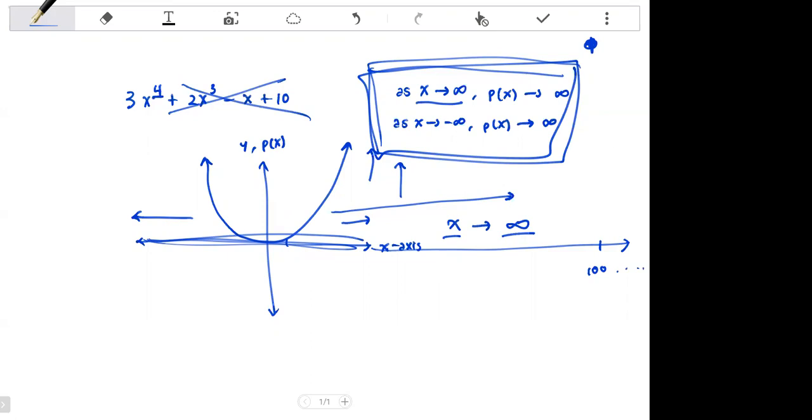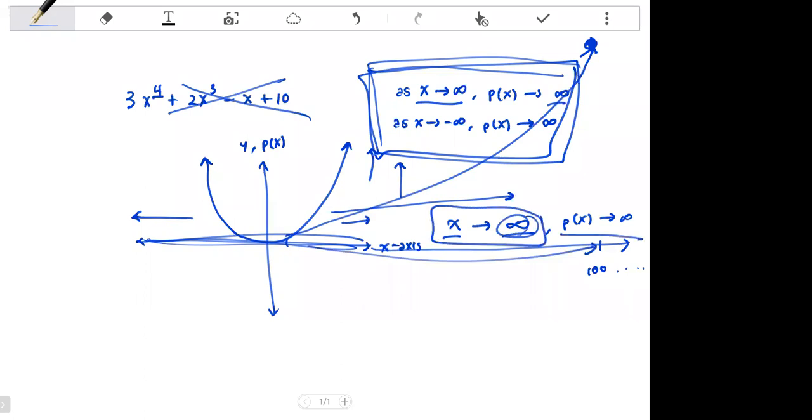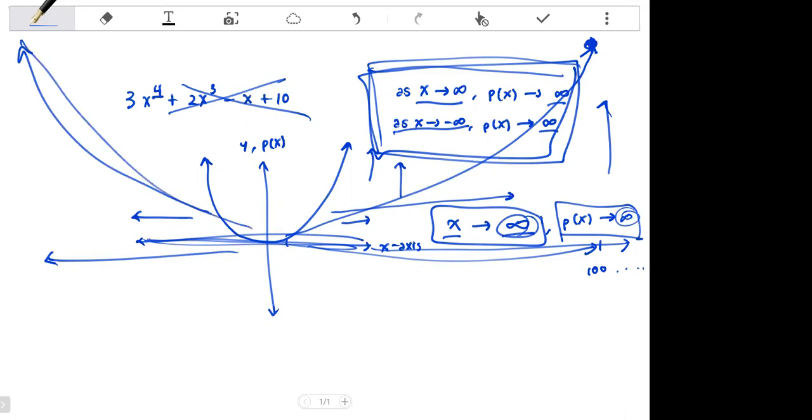So the graph is going to constantly go up. That's what we mean by P of x goes to infinity. So as x goes this way, to the right, P of x goes straight up by infinity. It's never going to stop going up. That's why it's infinite. And the same for reverse. As x goes this way, it's also going to go way, way high up.